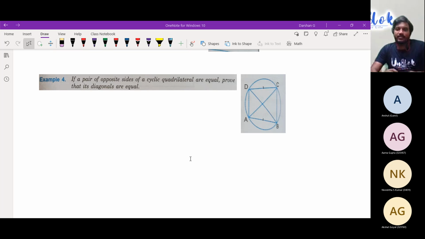Yeah, anybody with the answer? Opposite sides are equal. AB is equal to CD. So AB is equal to CD, that is given.